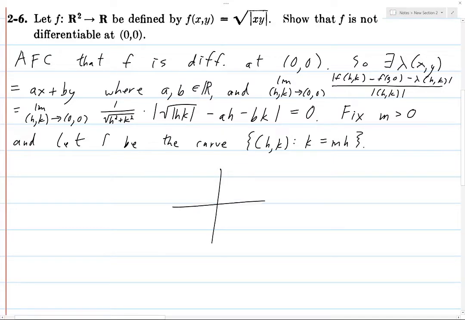So we're taking some m greater than 0, and that's going to be the slope of this line, y equals mx. This is the x-axis, this is the y-axis, and we're going to take the limit as (h, k) approaches the origin along this particular line.